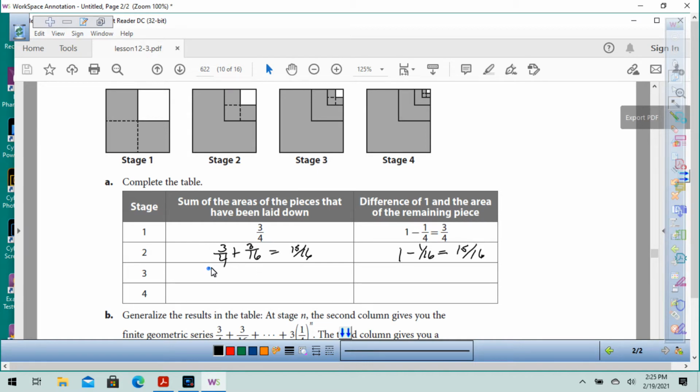So we got 3 quarters plus 3/16 plus 3/64, and that's going to give us 63/64, or 1 minus 1/64, because that's what we took out here. This 1/64 equals 63/64.